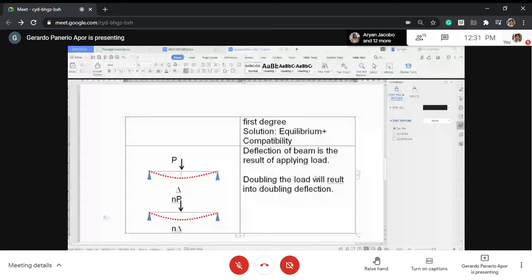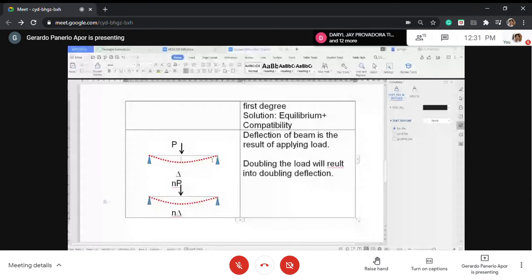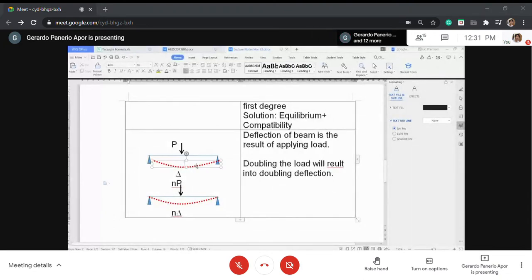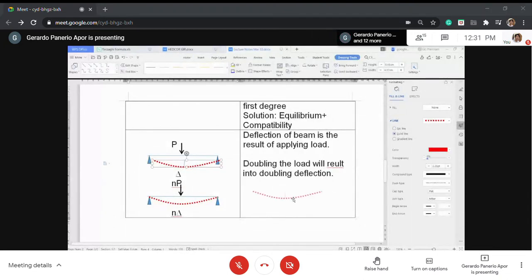So if you have a beam, we consider a simply supported beam. When the load is not yet there, and then we put the load, let's say at the middle, the beam will bend like that.